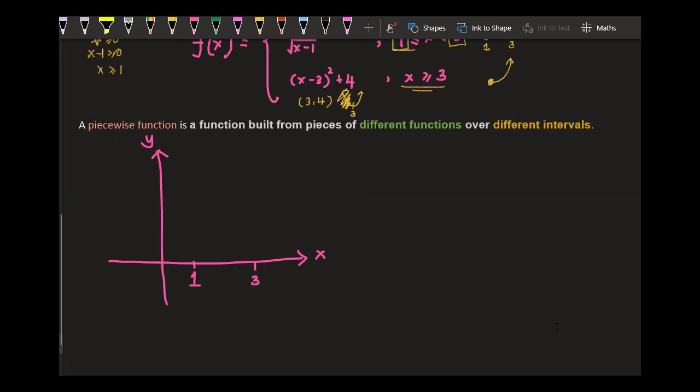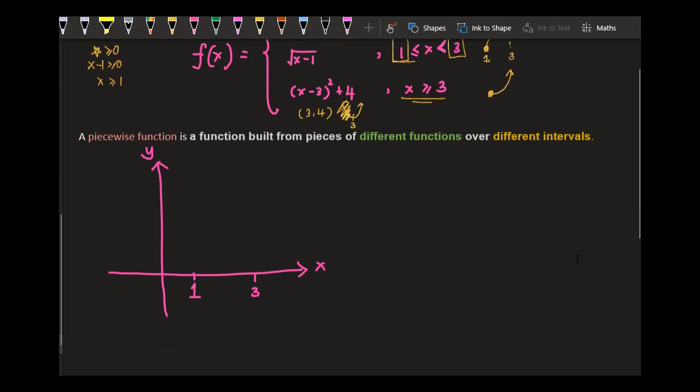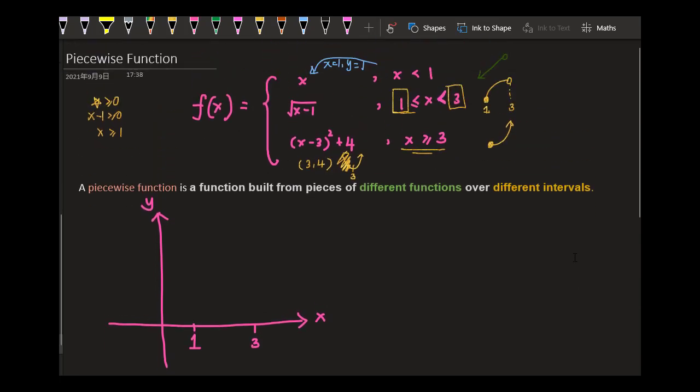Next step is we draw both axes and label them x and y. Do not forget to label the boundary numbers from the different intervals, in this case 1 and 3. When you look at the graph, it goes from negative infinity up to 1.